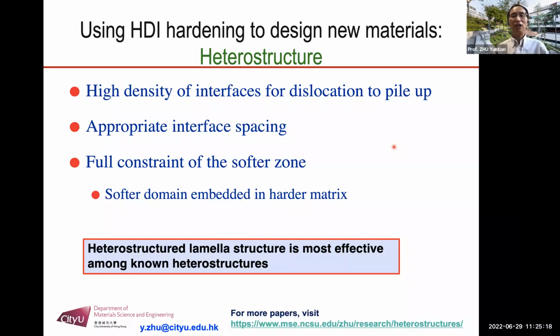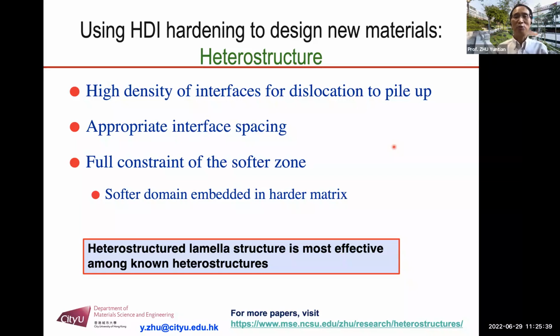This is totally opposite to our conventional idea of designing metallic materials. In conventional materials like this steel, it is not strong enough, then you want to add a hard second phase into it. The hard second phase is always the minority.